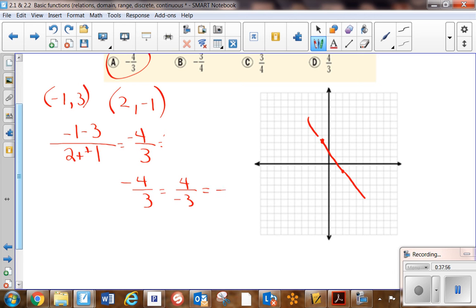Is that the same as this? Yes, yes, yes. Those are all the same. It's just a negative, because from here, I could also go down 4 and to the right 3, or I could go here and go up 4 to the left 3. It doesn't matter. You have one negative sign, it's a -4/3. Doesn't matter where that negative is.